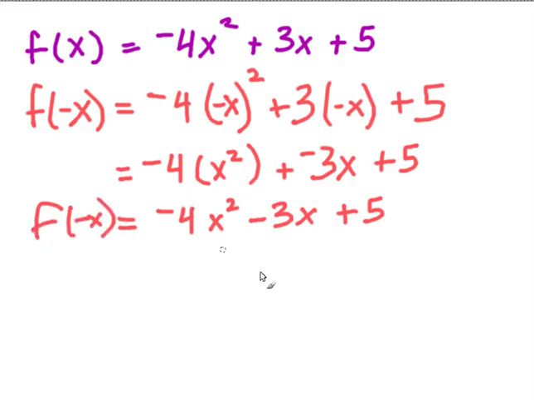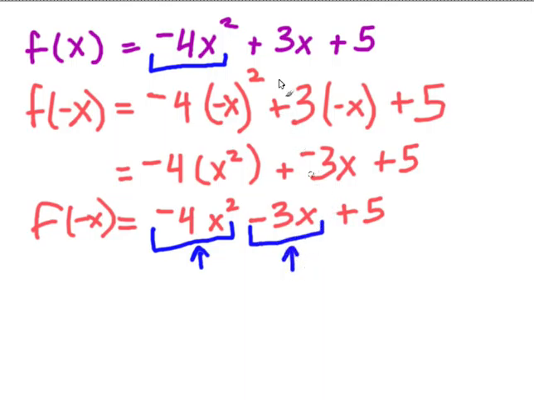Now, looking at what this means, I see negative 4x squared as the very first term, and that's exactly what I see inside f of x. But my second term is negative 3x, while up here it was actually a positive 3x. Then I get a plus 5 and a plus 5.